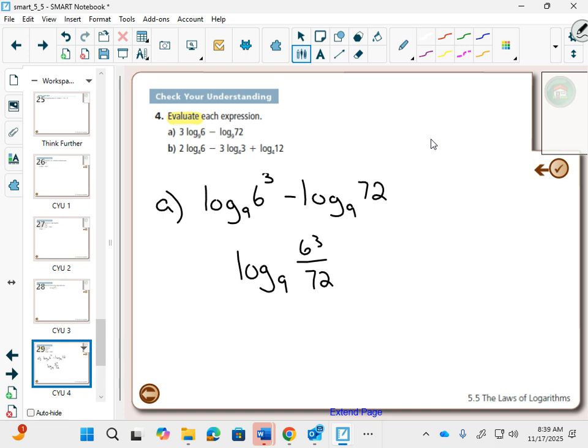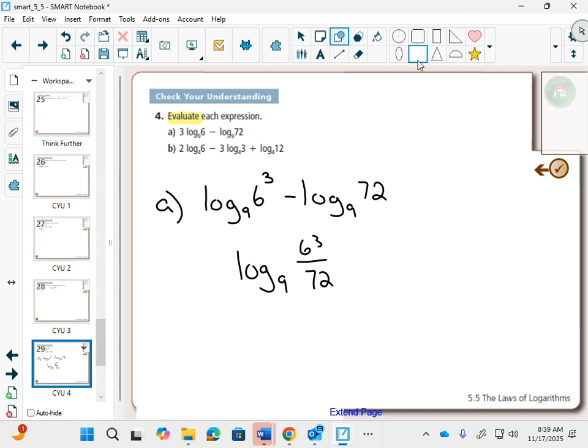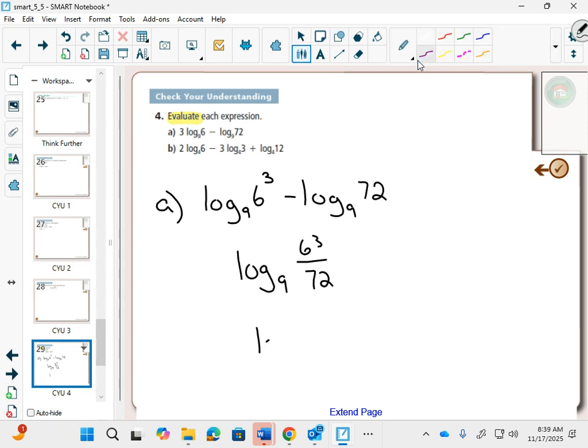Now you have options here for solving this. Either you can multiply the 6 cubed out and get 216 and then simplify 216 over 72. But sometimes when you have a non-calculator question, it is easier. 6 cubed is 6 times 6 times 6. 72 is 6 times 6 times 2.